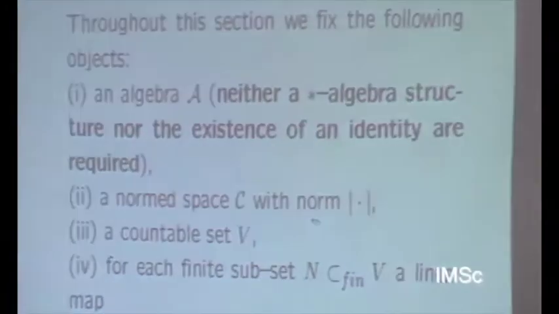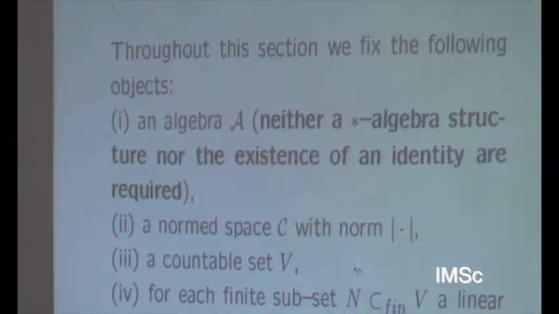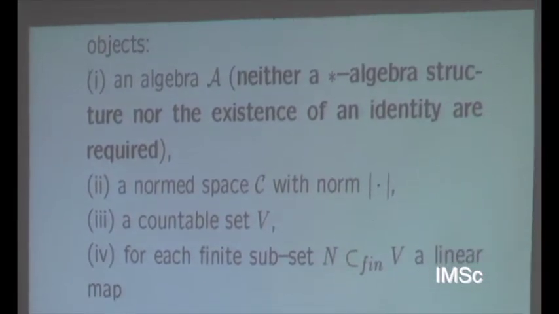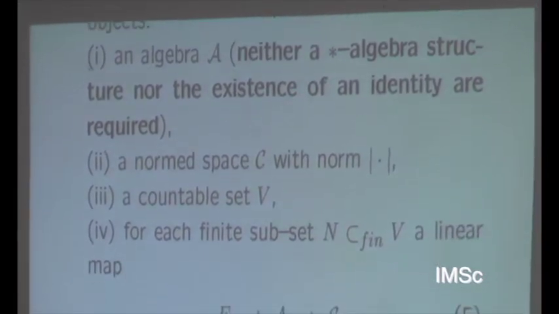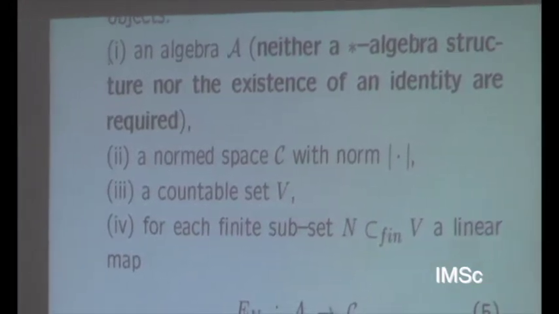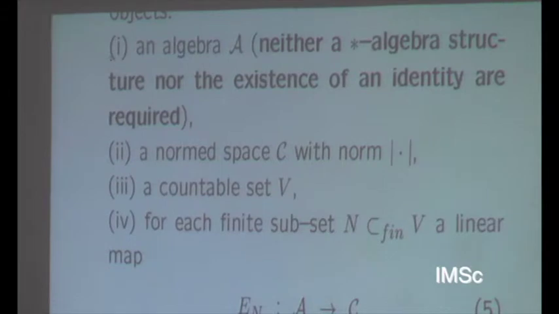So, what is the general framework I want to discuss? I will discuss in this lecture, which has to do with the basic result in the central limit theorem, the main estimate.